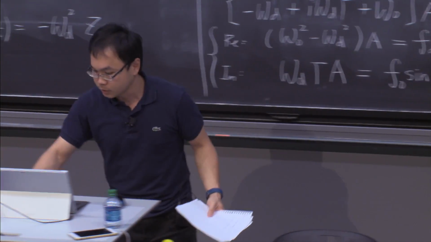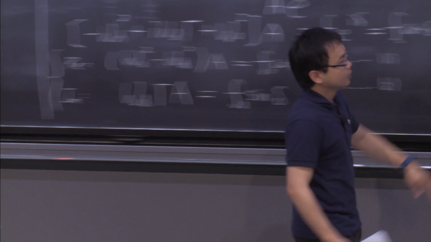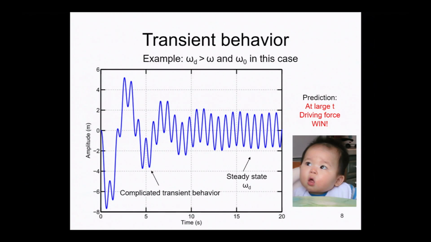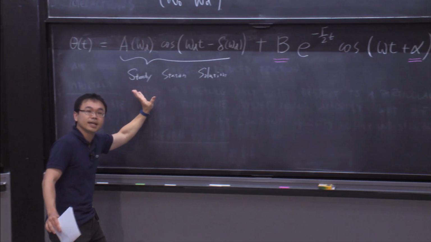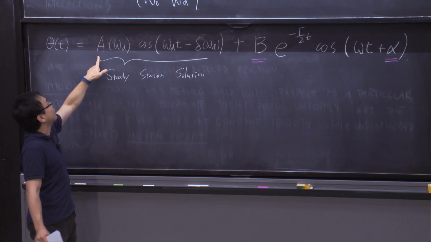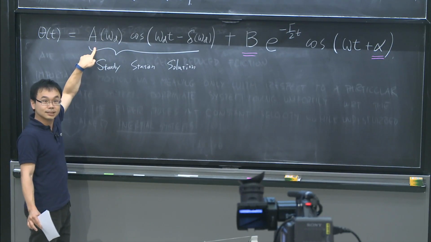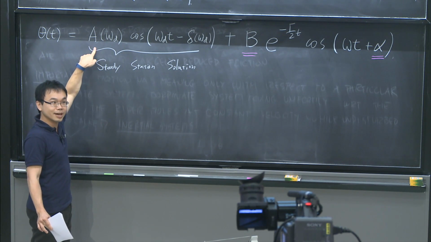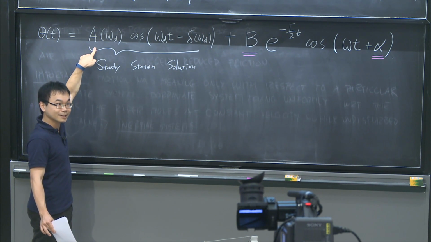Okay? So you can see that if I prepare my solution to be in the underdamped situation, then this is the so-called steady state solution, because omega d is a constant, so it's going to be there forever, right?